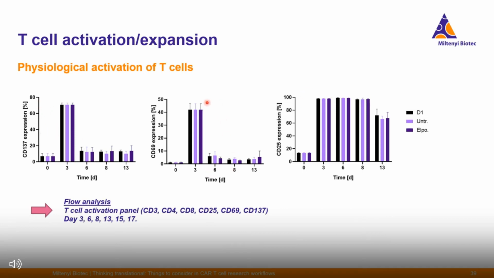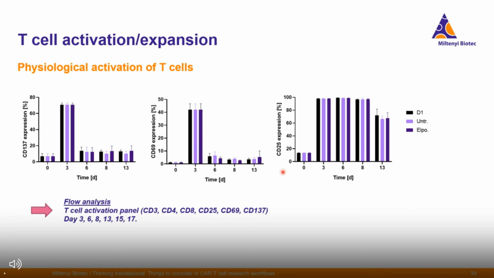CD137 and CD69 are very early activation markers, and they are usually detectable within hours after the T-cell receptor ligation, and the expression is induced. After 48 to 60 to 96 hours, the expression then decreases and goes back to the baseline, as shown here.